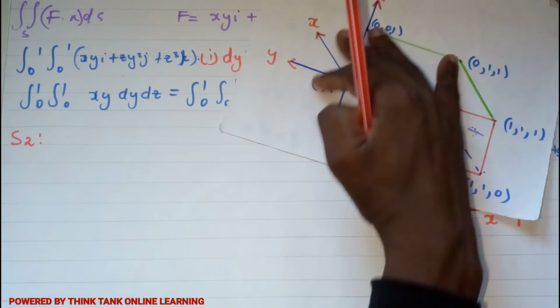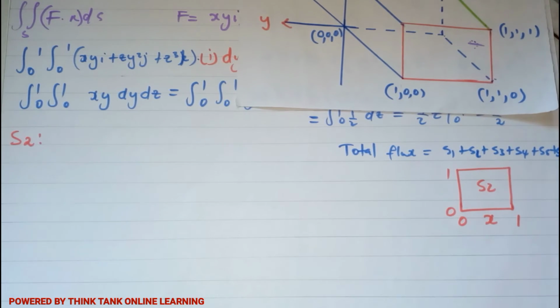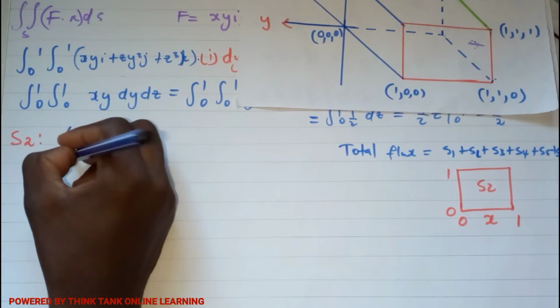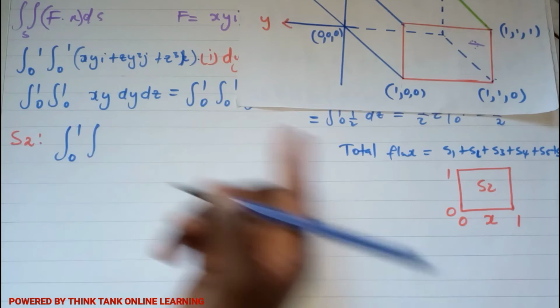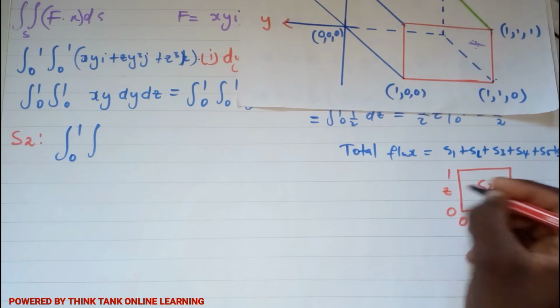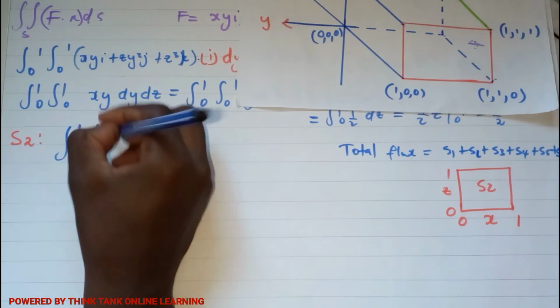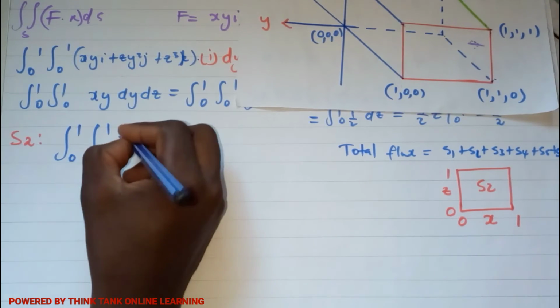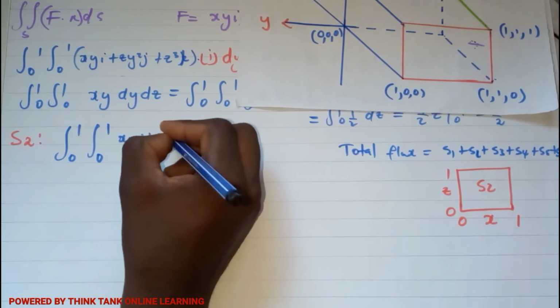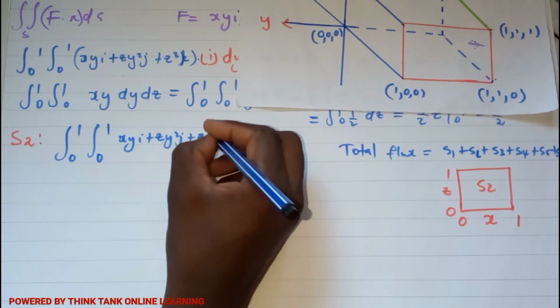We're going to integrate it using double integrals. So now we have the double integral from x from 0 to 1, and I forgot to name this one, this one is z, from 0 to 1. We have our vector xy i plus zy squared j plus z to the power 3 k.